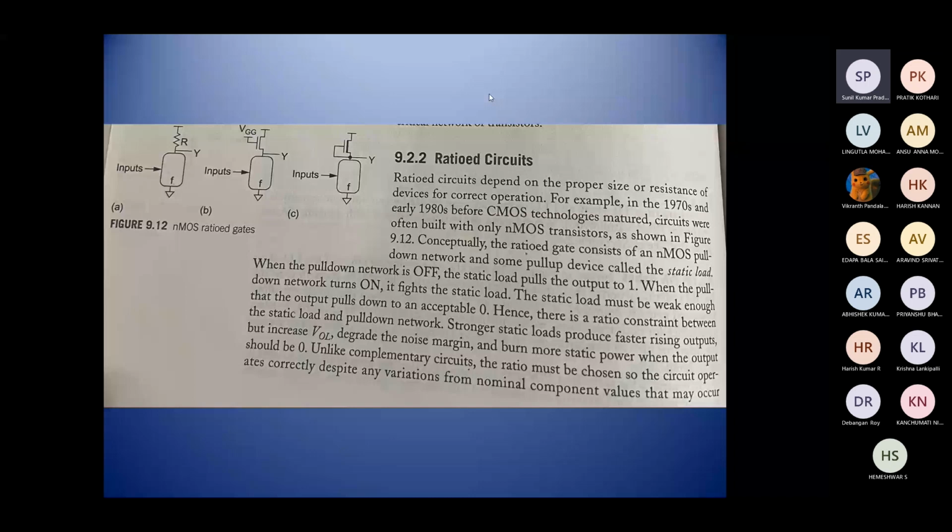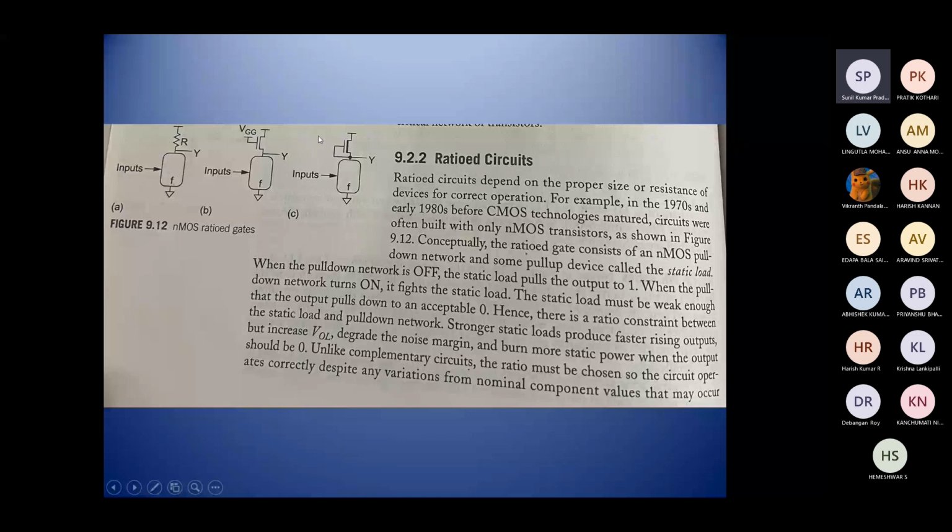Conceptually, the ratioed gate consists of an NMOS pull down network.